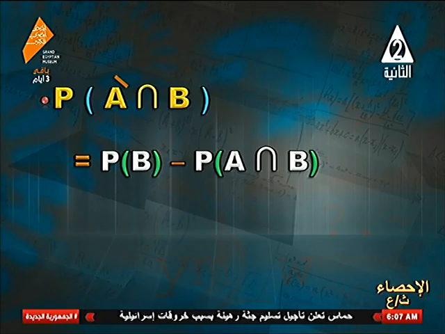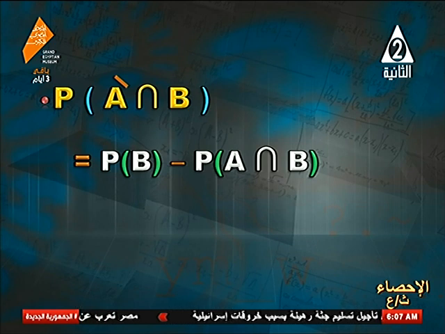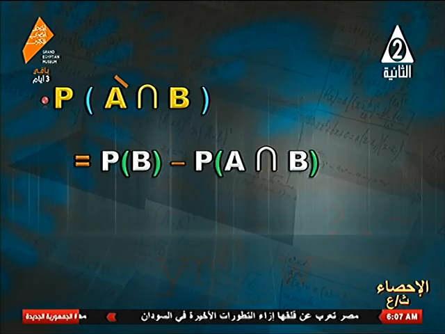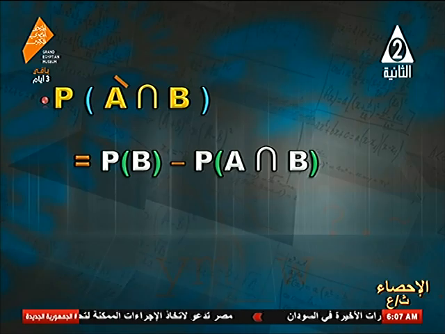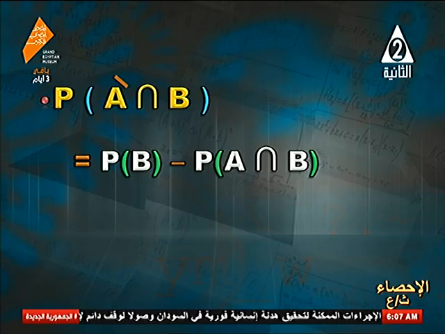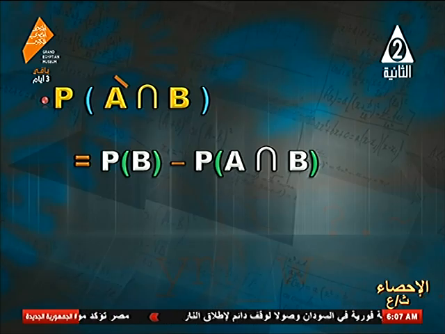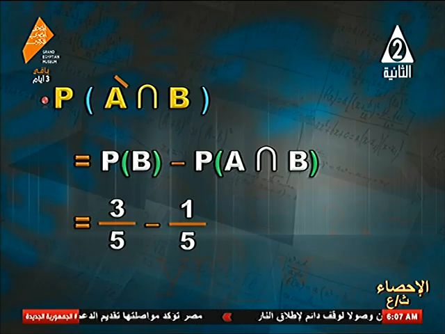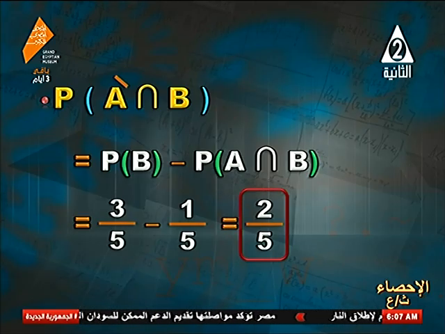Don't forget, my dear student, if probability of A is 3/5, what is the probability of the complement? 1 minus 3/5. In this example, the probability of A complement intersect B, by this rule, equals probability of B minus probability of the intersect, which equals 2/5.